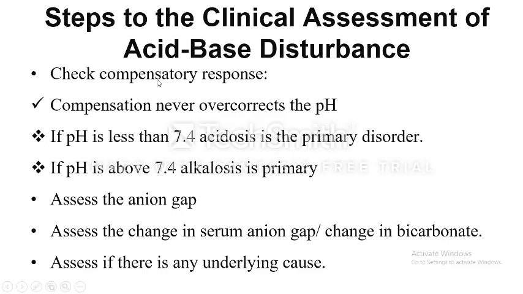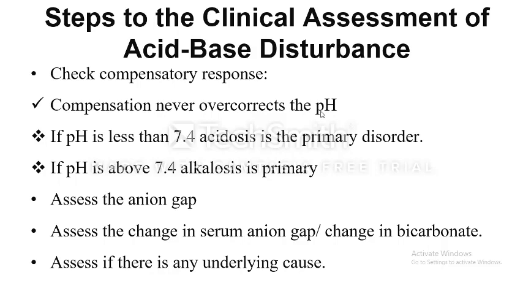Check the compensatory response. Compensation never overcorrects the pH, meaning the body compensation that we discussed just now can never overcome the pH disturbance. If pH is less than 7.4, acidosis is the primary disorder. If the pH is above 7.4, alkalosis is the primary disorder.